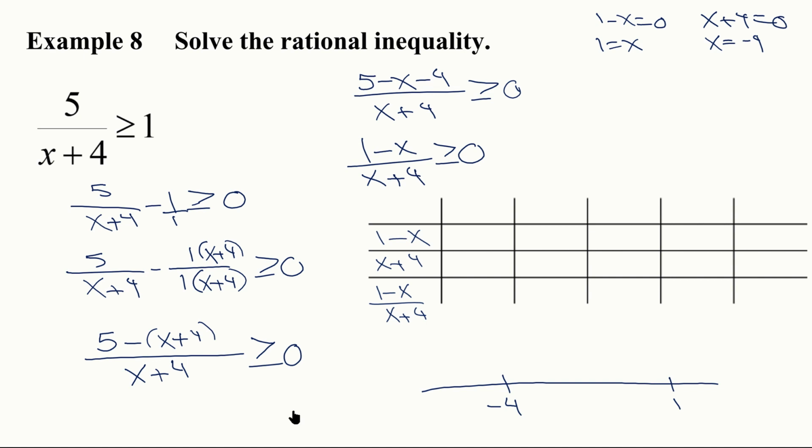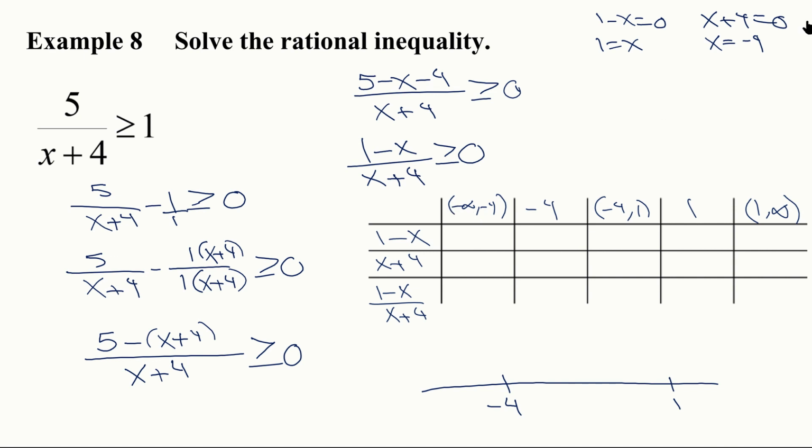Now, the intervals of interest are everything to the left of negative 4, negative 4 itself, everything between negative 4 and 1, and then 1 itself, and everything to the right of 1, so 1 to infinity.